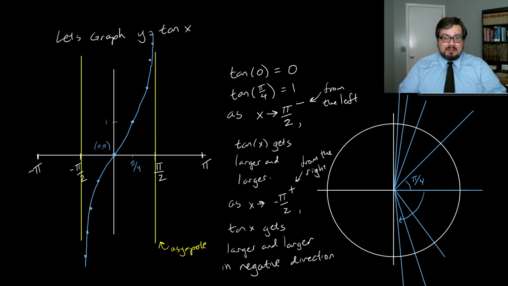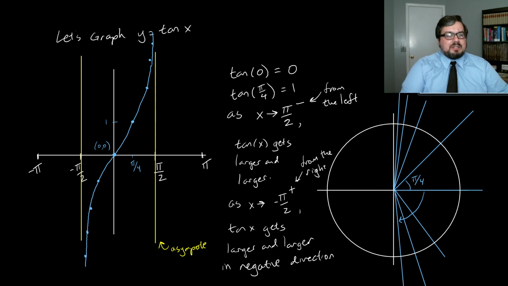This isn't the complete graph of tangent yet. But what we see is that tangent goes all the way up, all the way down. Unlike sine and cosine, tangent doesn't have a maximum or a minimum. Tangent can be as large as you like, can be as small as you like. And it's just going to keep going up and up asymptotically here.